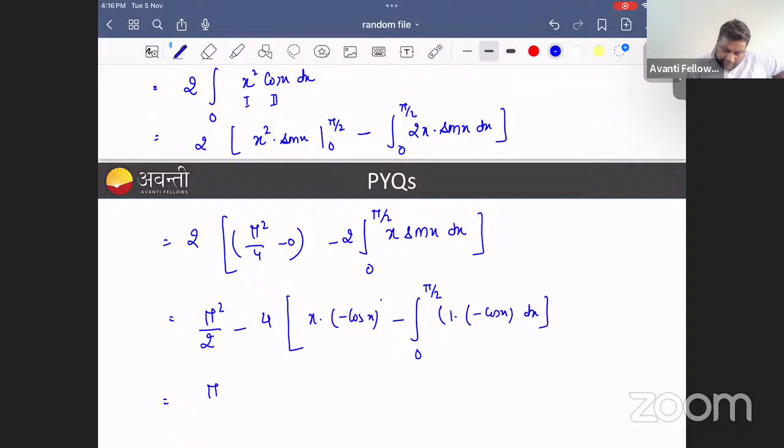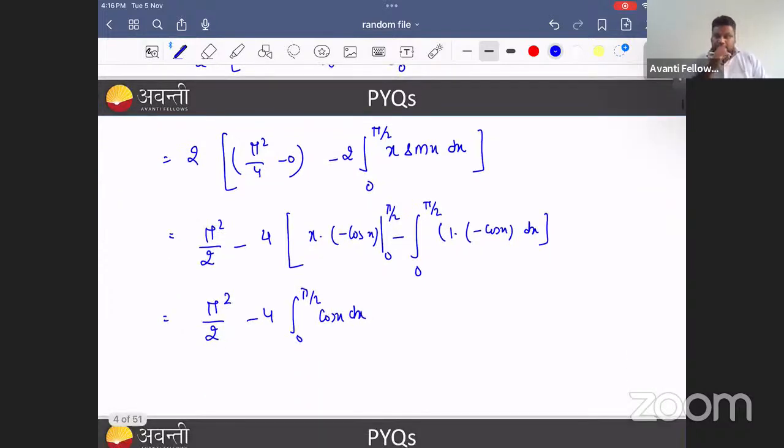So this limit is from 0 to pi by 2. So this is getting 0 at pi by 2 as well as at 0. So it is pi by 2 minus 4 times. Now this will be minus 4 times, this minus minus will become plus 0 to pi by 2 cos x dx. And 0 to pi by 2 cos x dx is 1. So answer is pi square by 2 minus pi square by 2 minus 4.